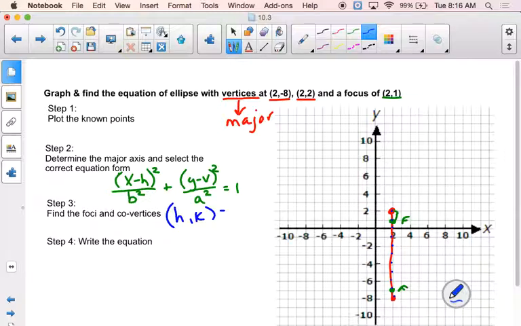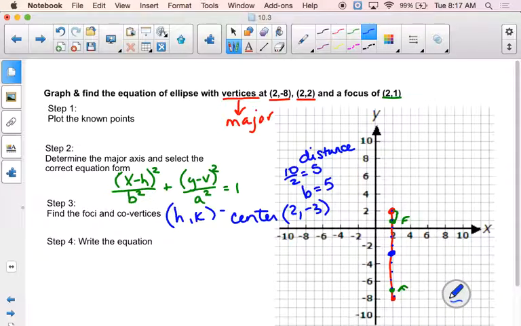That means that 10 divided by 2 is going to give me a distance of 5. And since that then gives me my a, so 1, 2, 3, 4, 5. There's my center. So my center is going to be at the point over 2 and down 1, 2, 3.